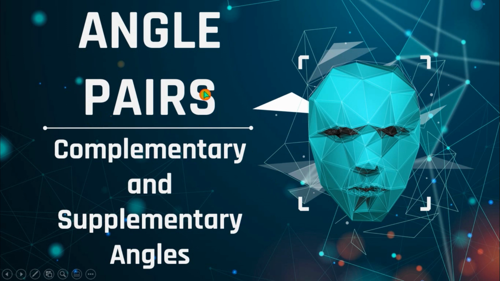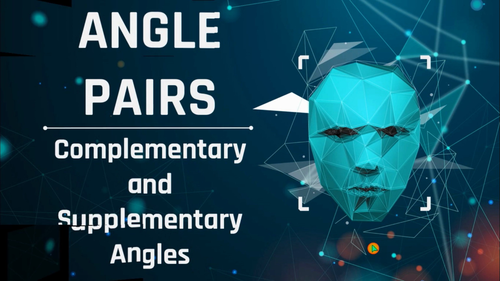Ibig sabihin, kapag pinag-uusapan natin yung angle pairs, you will really see two angles, kasi angle pairs nga, kinakailangan pares. So, kailan tayo magkakaroon ng complementary angles at kailan naman tayo magkakaroon ng supplementary angles? At yun ang pag-aaralan natin for today's video.